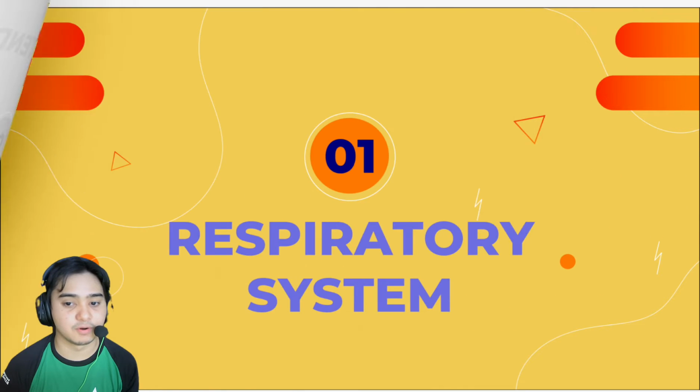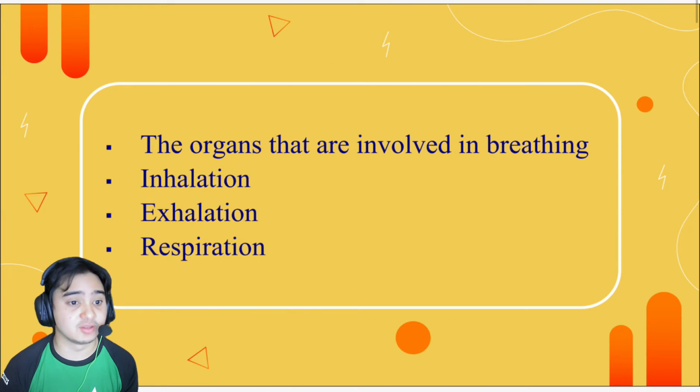The respiratory system is the organs that are involved in breathing, such as the nose, mouth, throat or pharynx, larynx, trachea, the large airways or the bronchi, small airways or the bronchioles, and the lungs. The respiratory system includes inhalation and exhalation.